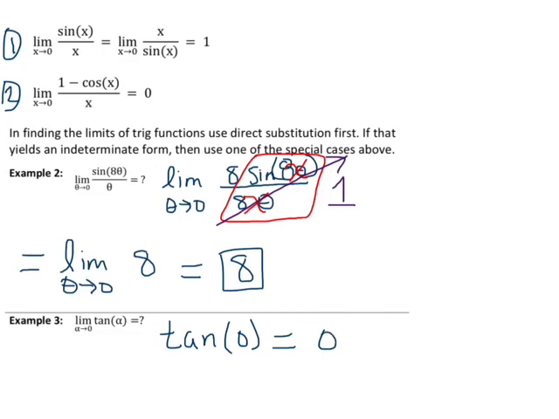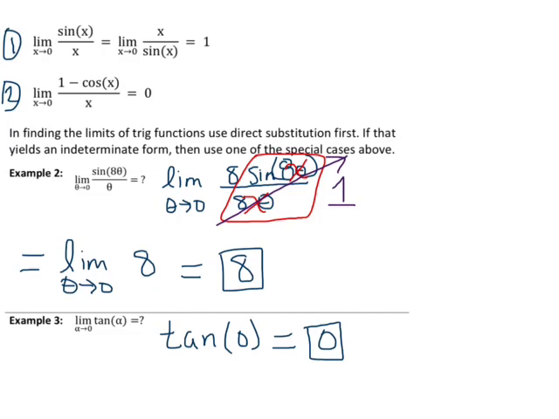You can verify it on your calculator. The tangent of 0 is 0. So in this case, direct substitution worked. So the answer for this one, the limit, is actually going to be 0. Now you can look at the graph of tangent and verify that it actually does approach 0. Okay? So that's an important thing to note.